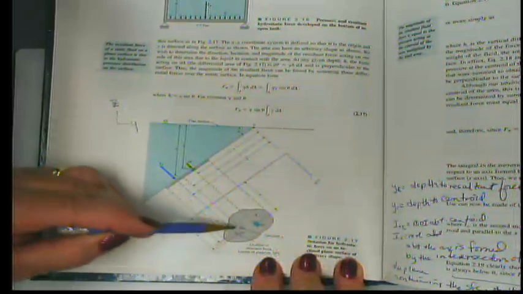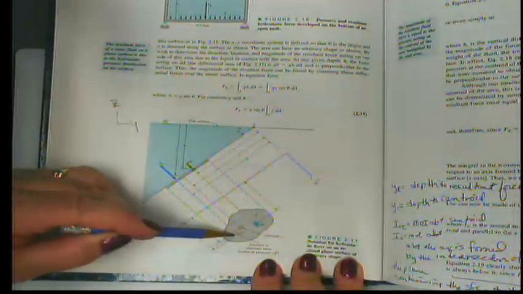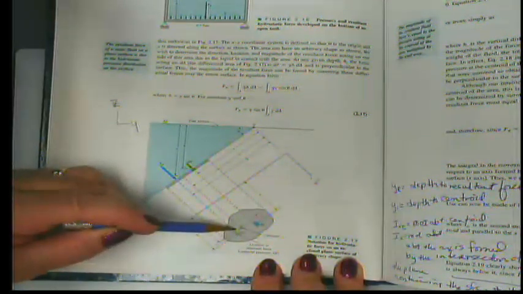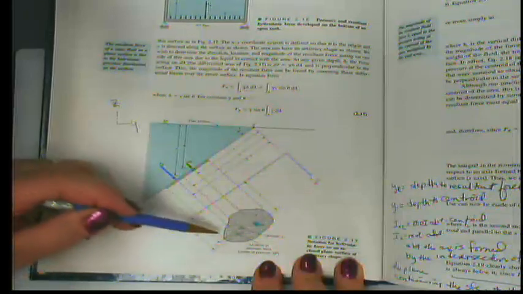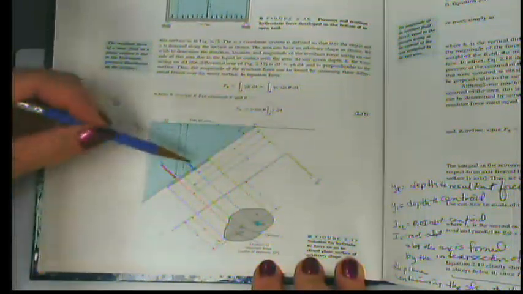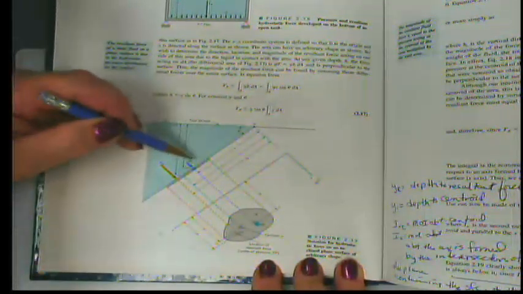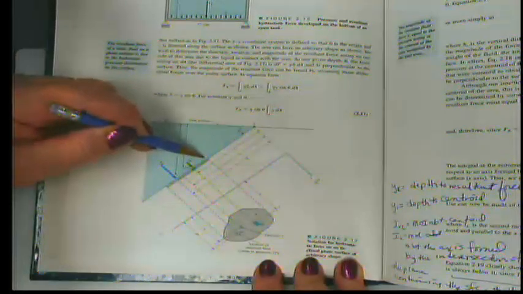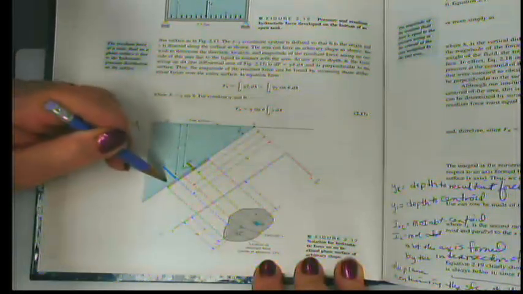Now, you see there are two points labeled C and C sub P, or CP. C is the centroid of the plate, and CP is called the center of pressure. That is where the resultant force acts. If you think about this, there's a different force acting on this point than there is on this point.